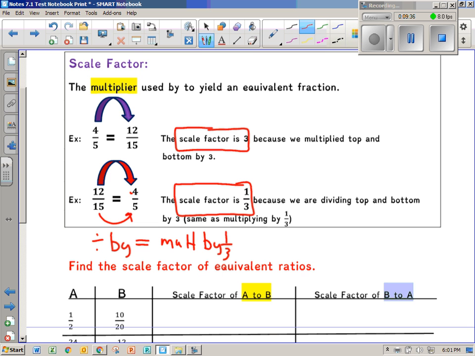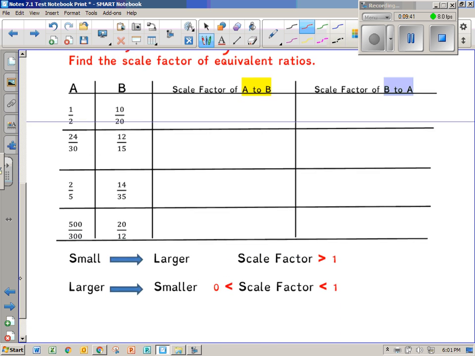So I wrote a little note, if you scroll down underneath this table we're about to fill out. It's just a little help to remember. If you start with smaller numbers on top and bottom and they end up being larger when you're writing an equivalent fraction, the scale factor is whatever you multiply by, so it's greater than 1.